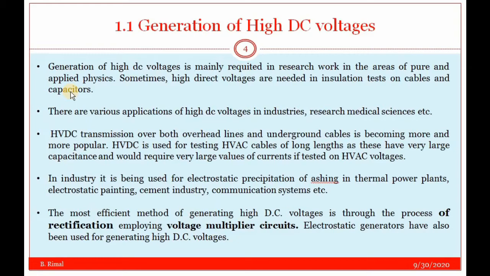For all these applications, high voltage DC is to be generated, and the most common principle of high voltage DC generation is the same as low voltage DC, that is rectification.